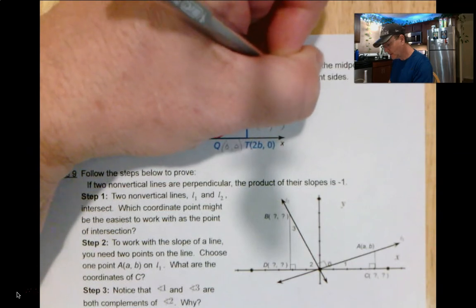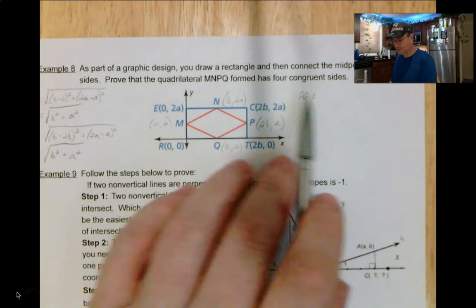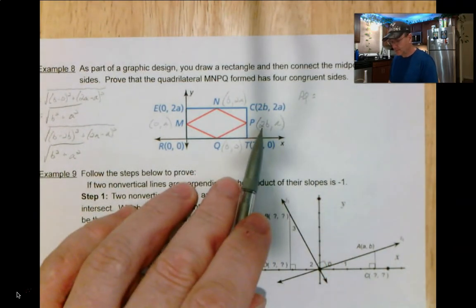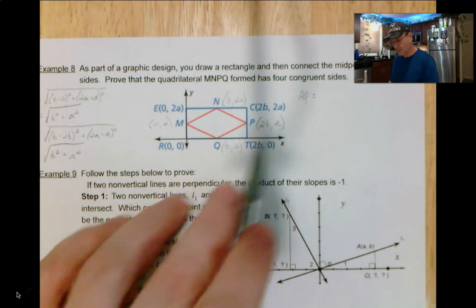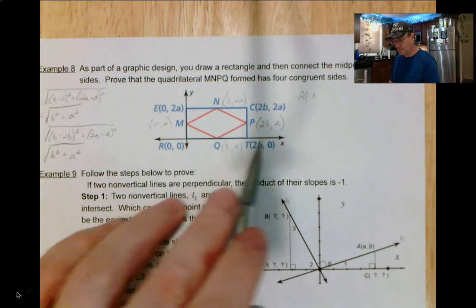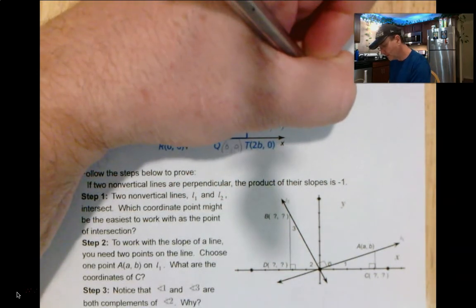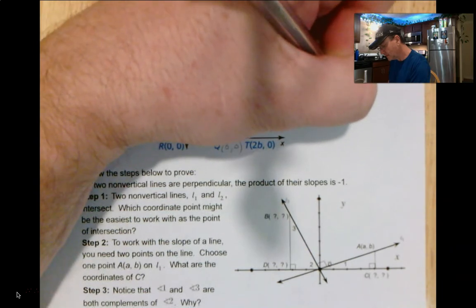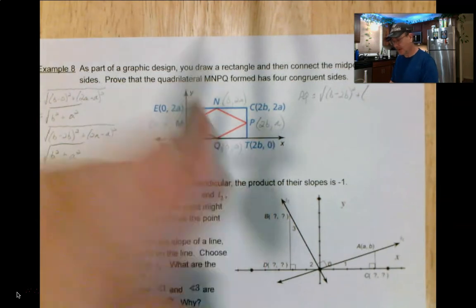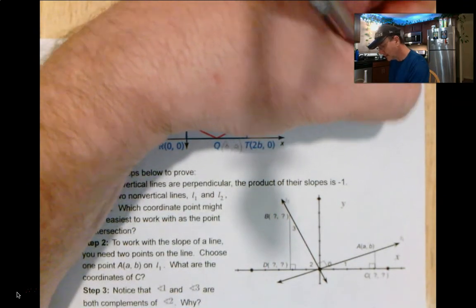So PQ is equal to, notice the notation I'm using. No segment above it means measure of. We'll keep this as the x1, y1. We'll make this the x2, y2. So the square root of b minus 2b squared plus 0 minus a squared.